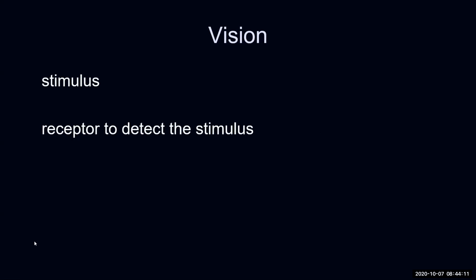Okay. So in the case of the visual system, anything having to do with light is called photo, right? So here we'll be talking about photoreceptors. Not a very sensible name for it. So photoreceptors will be used to detect the stimulus.